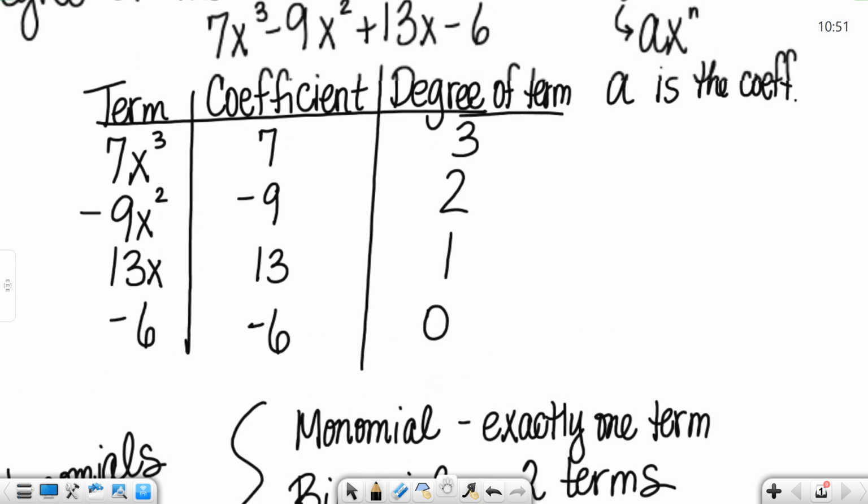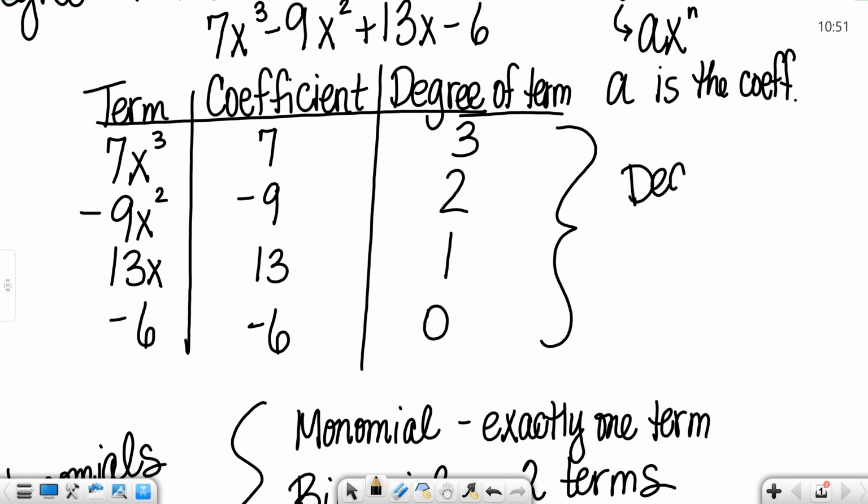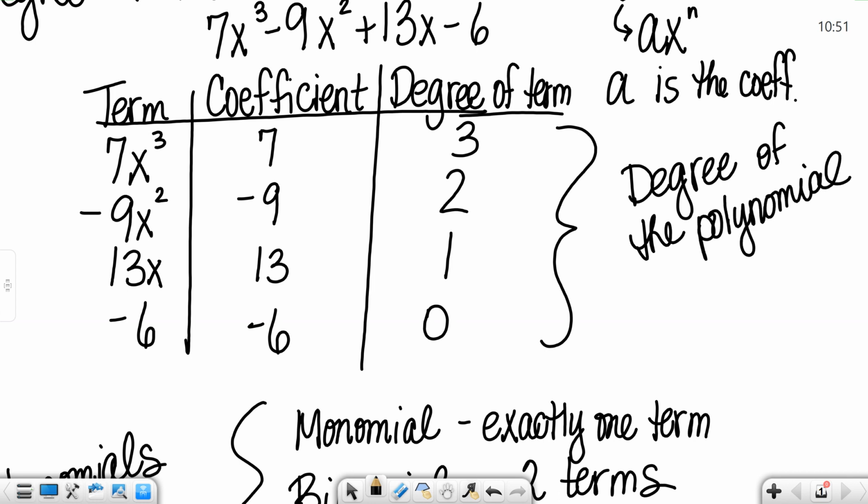Right, so if we look at the degrees that we have listed here, obviously 3 is our highest degree, that's our greatest degree. So if I wanted to know the degree of the polynomial, it would be the highest of the ones that I have listed here. So in this case, it would be 3.